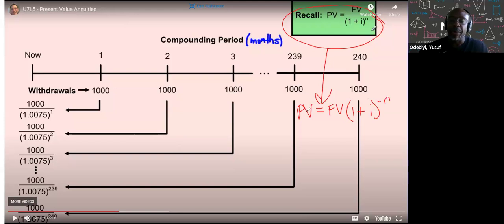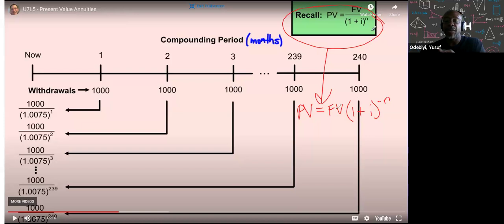I don't know what my present value is, but I know my future value: I'm going to take out $1,000 in the future and multiply it by this interest multiple here. The present value we don't know, but the present value is what's going to be in the account, and that's what we're trying to figure out.